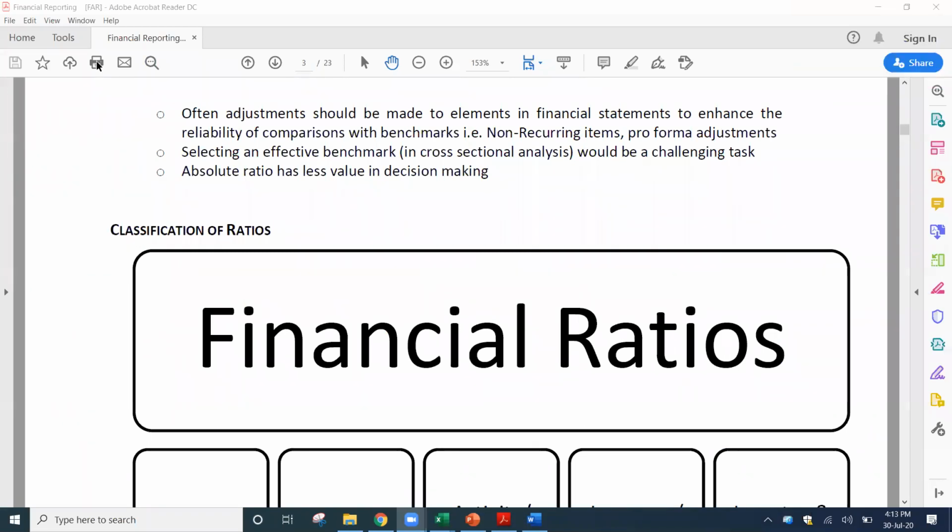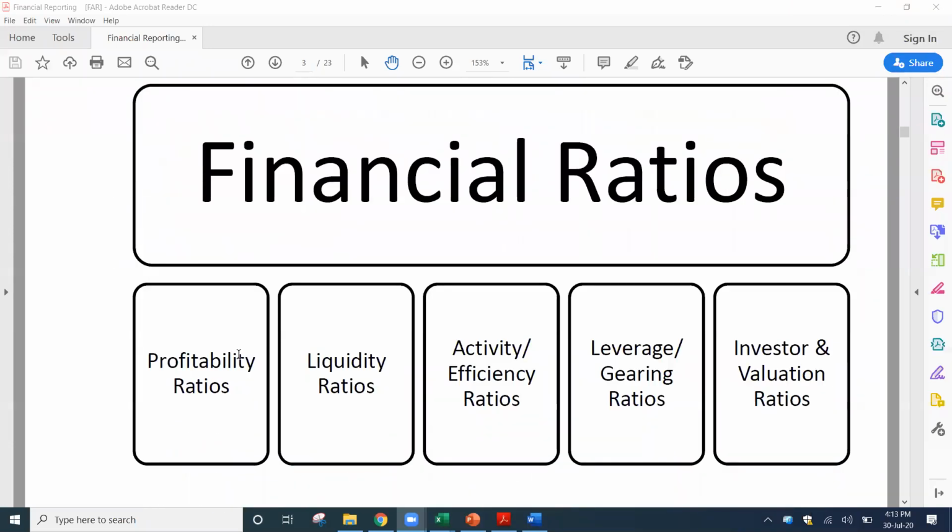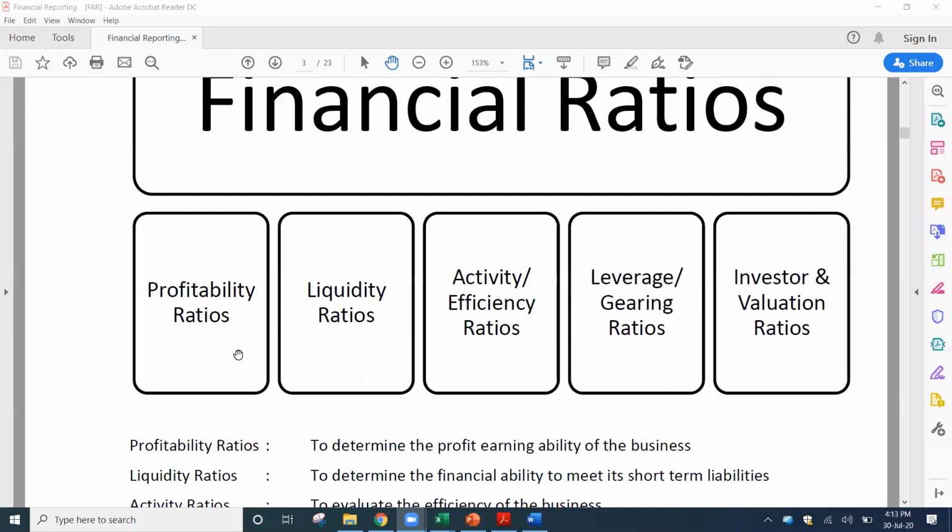Right. So when you talk about calculations of financial ratios, we have 5 types of financial ratios. Number 1, profitability ratio. Number 2, liquidity. Number 3, efficiency ratio.